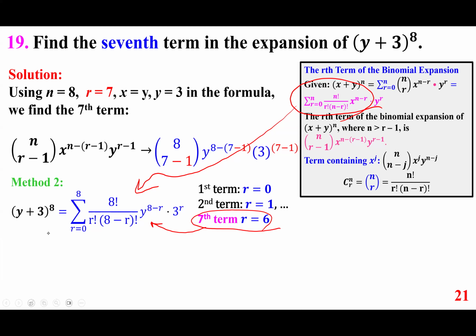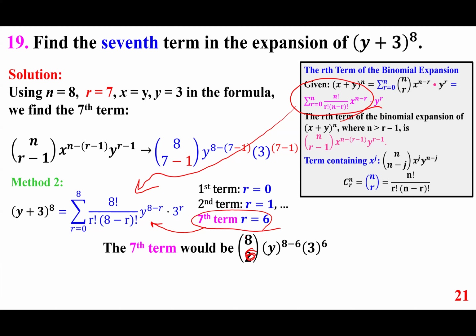So let's see what we get. 8, and r is equal to 6. 8 choose 6. y to the power of 8 minus 6, 3 to the power of 6.